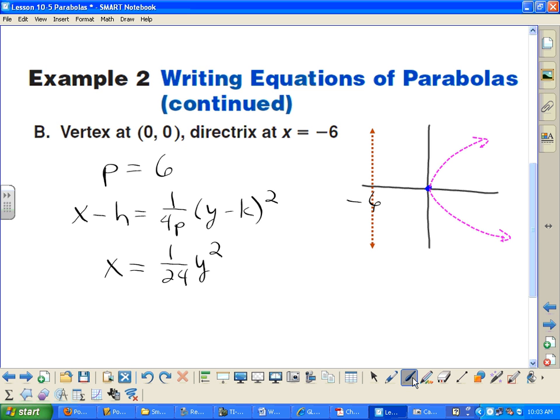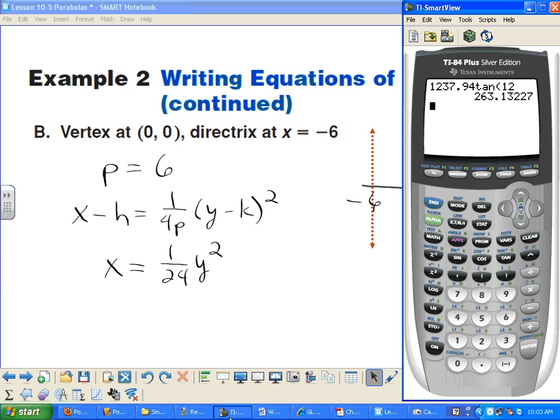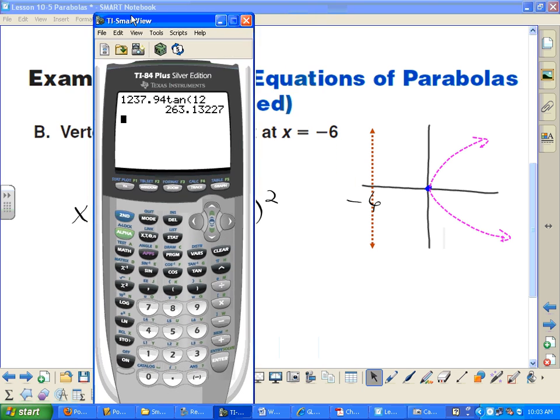They're switched. X and y are switched. So what do we call that when we switch x and y? Inverse. Okay, so this is just the inverse of y equals 1 over 24x squared, isn't it? So did we learn how to graph inverses? I think we did. Okay, I don't know if you remember it or not, but we did.